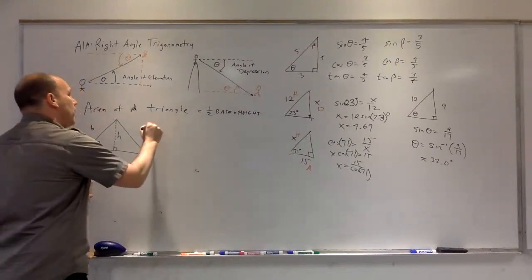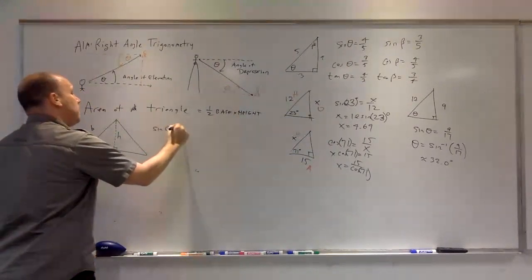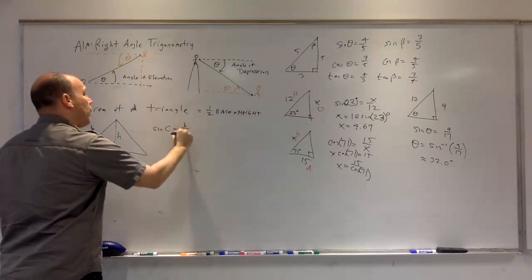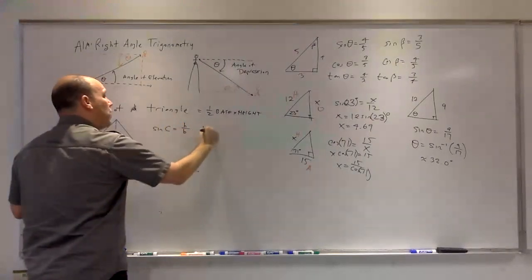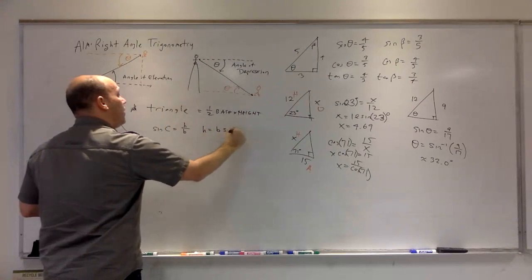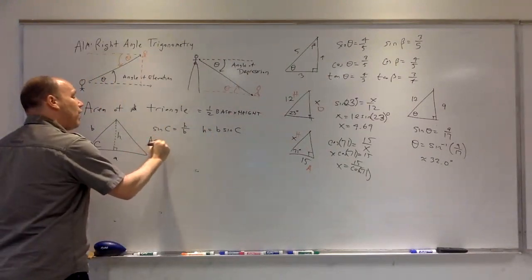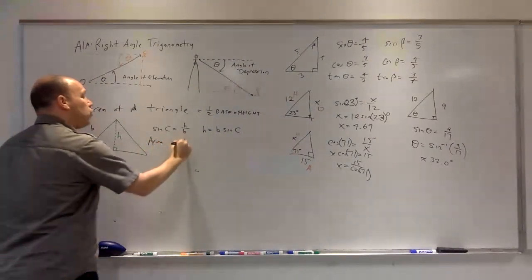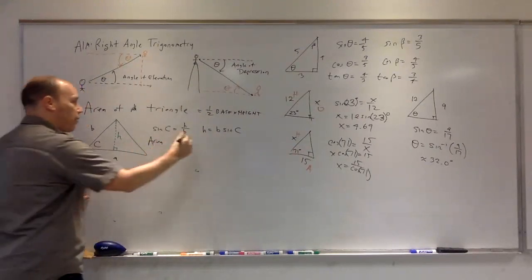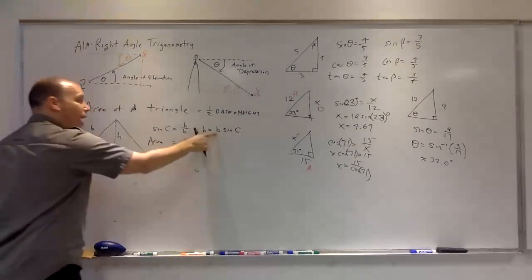Therefore, I know that the sine of C is equal to H over B, which means that H is equal to B sine C. Therefore, the area of any triangle is equal to 1/2 the base times the height.